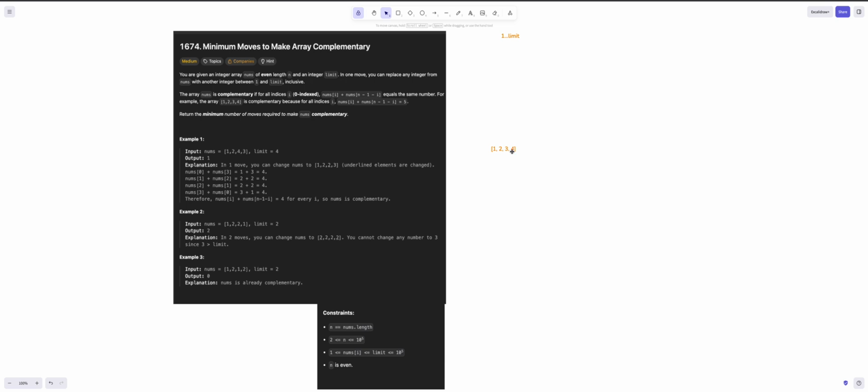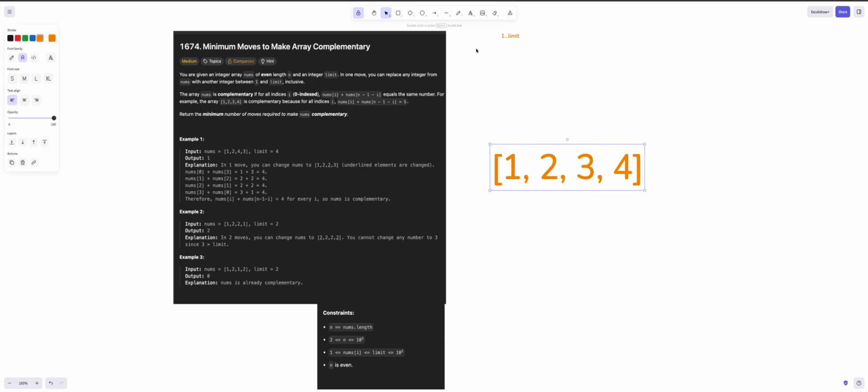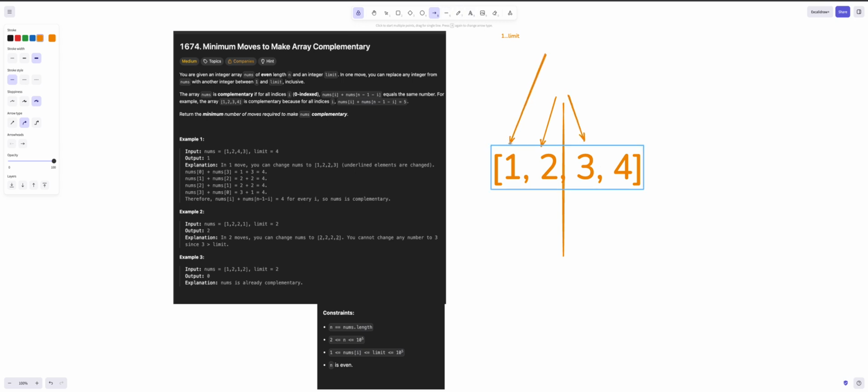How do we make sure that array is complementary? Technically, we cut the array into half, because the array has an even length. And then we compare the numbers like this, and then these two numbers like this.